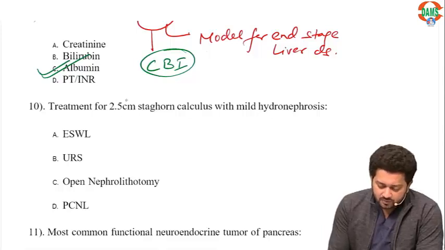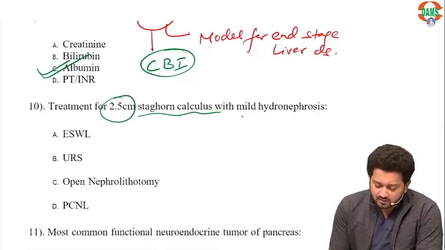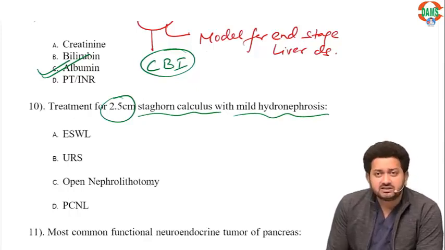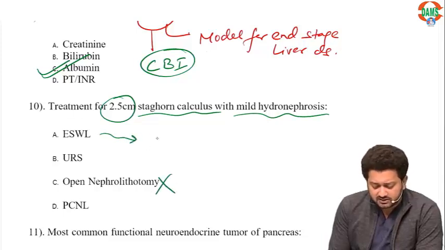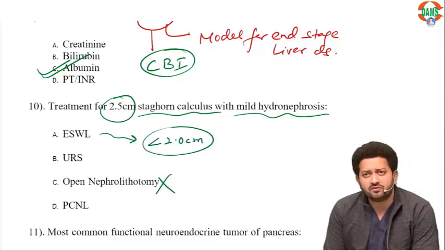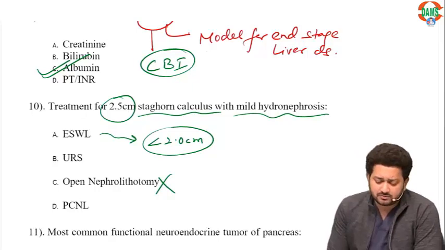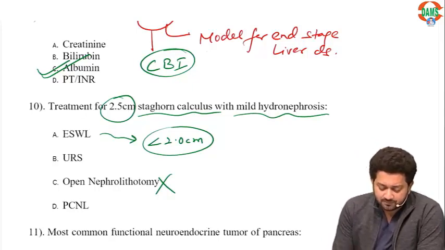Treatment of a 2.5 centimeter staghorn calculus with mild hydronephrosis. Open surgery, these days for renal stones we are not doing. ESWL is usually reserved for stones less than 2 centimeter. It is 2.5, so ESWL will not be successful in this case.